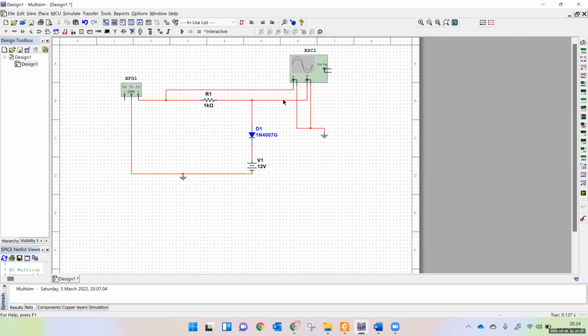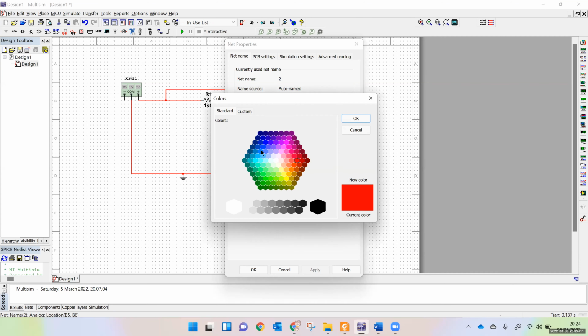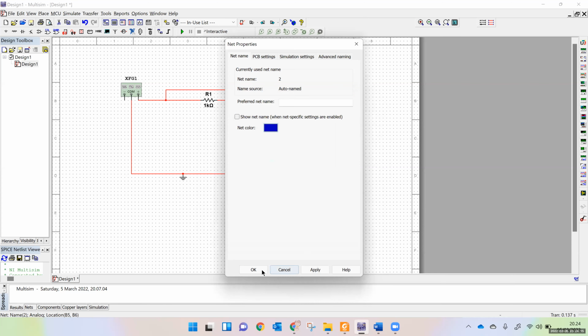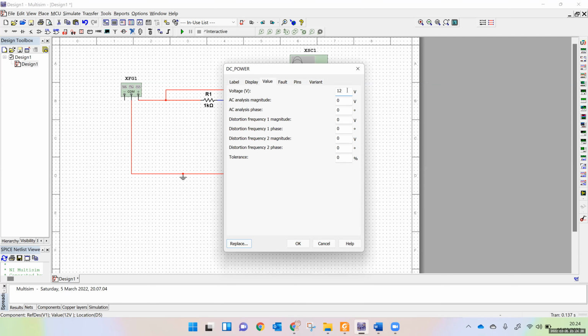Then let's differentiate the color so that I can see which waveform is which. So now the blue waveform will be your output, which will be clipped away, and this is the input. Now change the value as per the lab sheet.